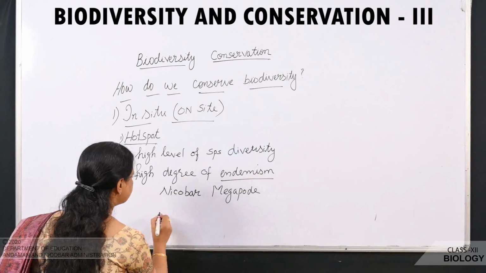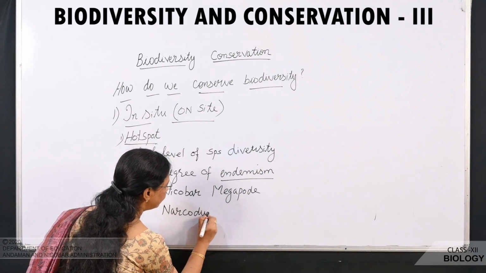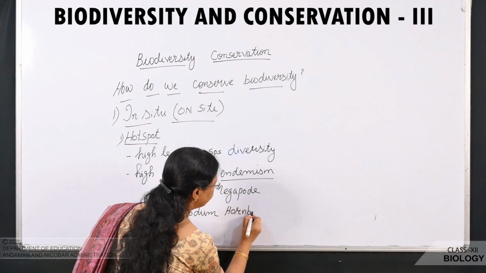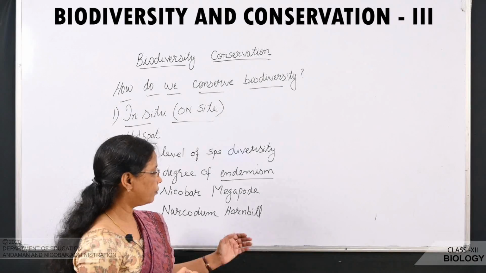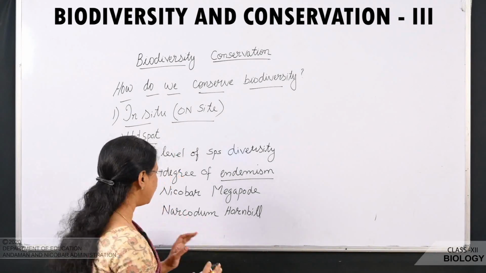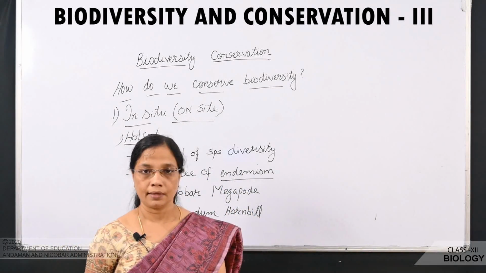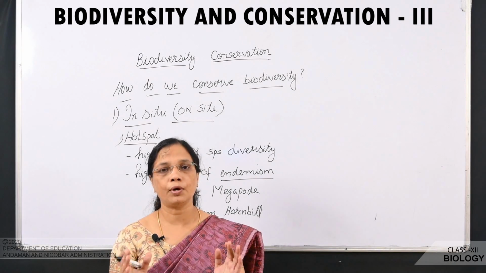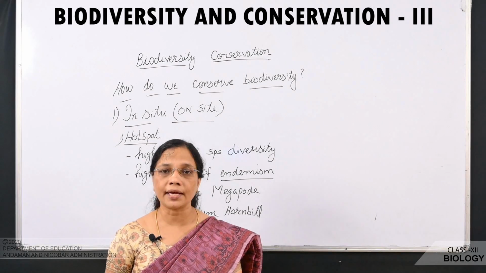Next is Narcondam hornbill. This Narcondam hornbill is a bird which you can see only in the Narcondam island. That means these are the endemic species. Endemic species are those species which are confined to a particular area and you cannot see this species anywhere else.